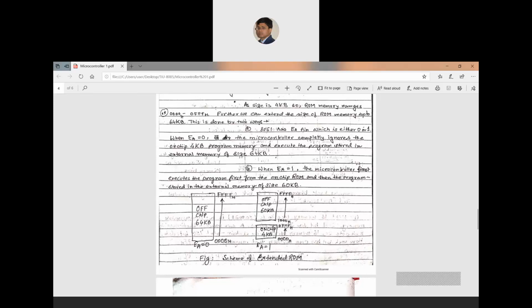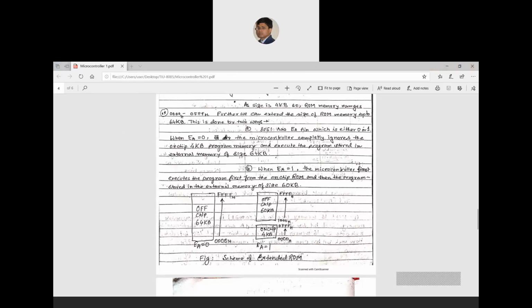Twelve means 3 sets of hexadecimal digits, so this is a 12-bit combination, FFF. So the first address of this internal ROM is 0000 and the last address is 0FFF.